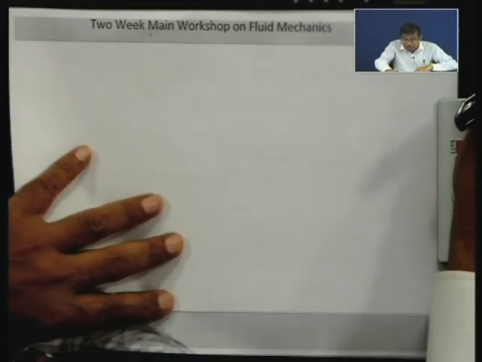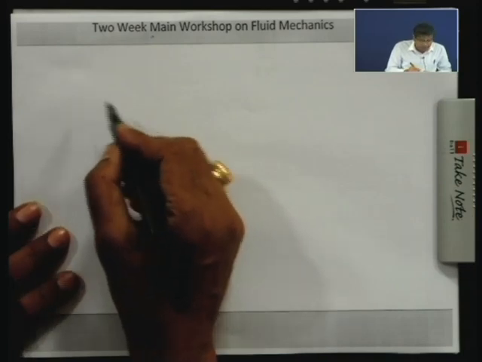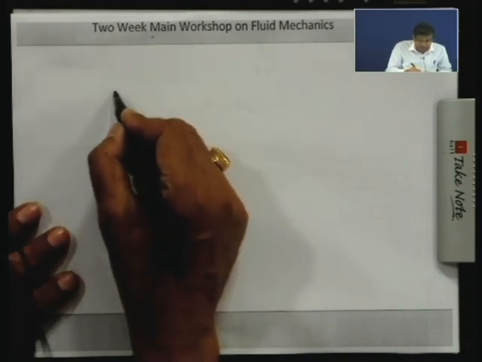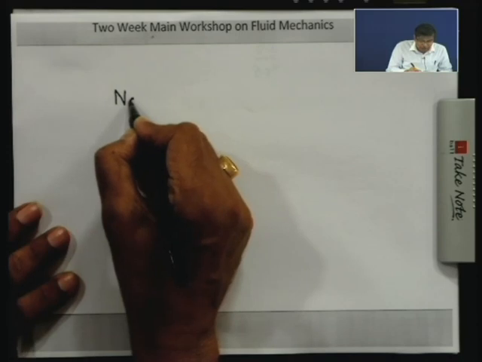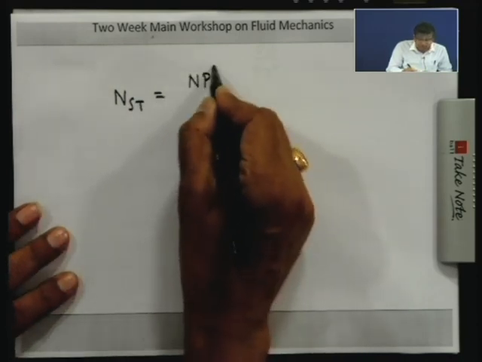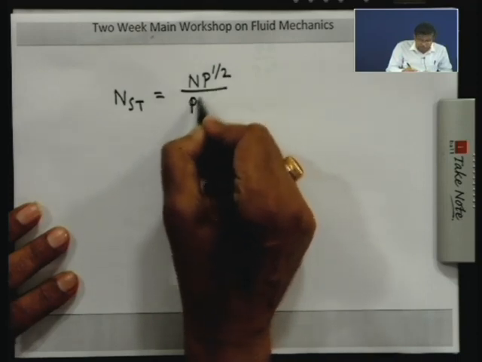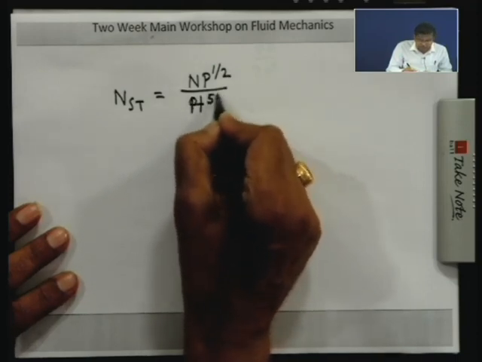It is all now algebra that I am doing, not much fluid mechanics consideration. Now specific speed of a turbine, as you know, is given by N P to the power half divided by H to the power 5 by 4. It is the dimensional specific speed.